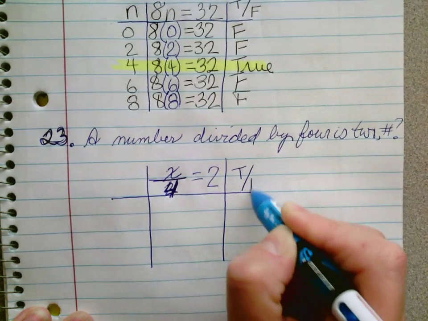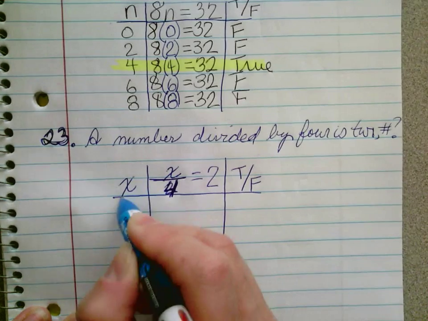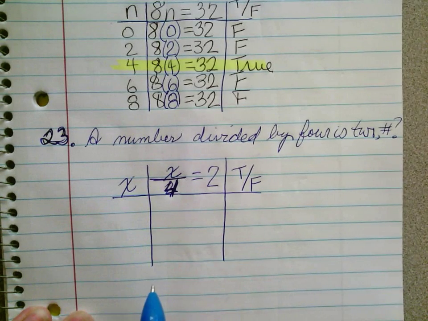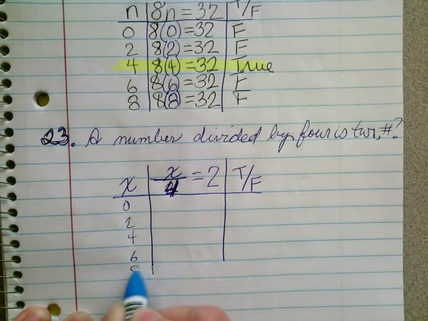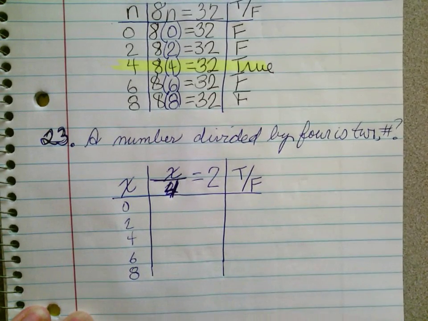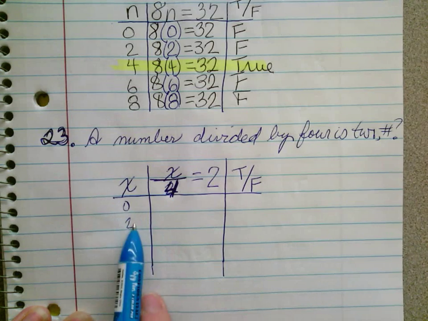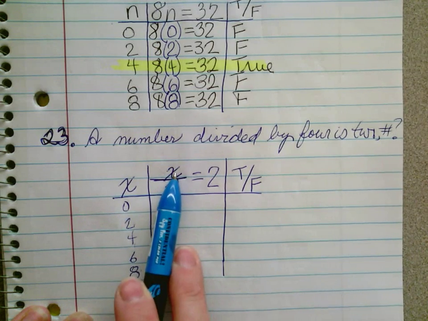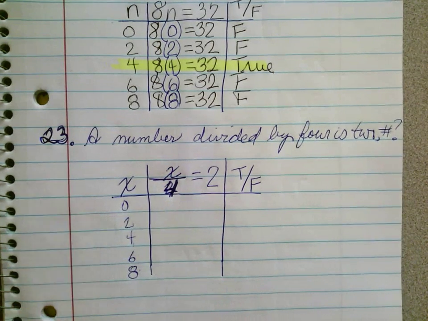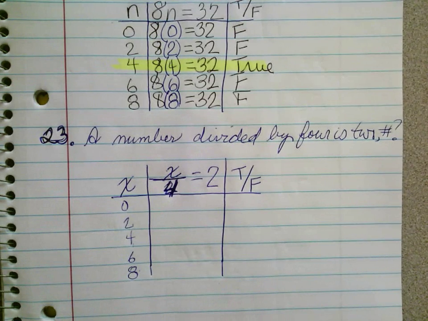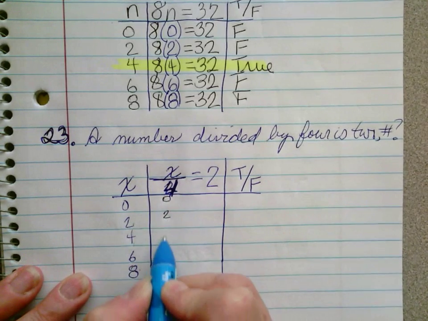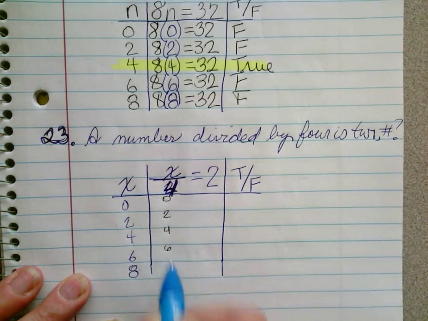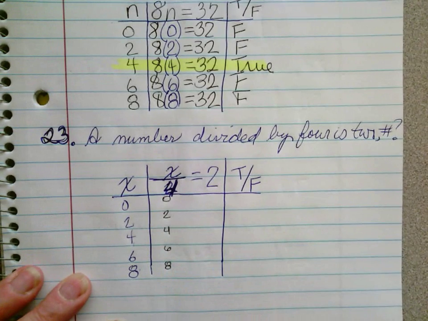Is it true or false if we fill in the values for x that they've given us? 0, 2, 4, 6, and 8. And these values are all going to fit in the numerator because that's where the division occurs. So it's 0 divided by 4, 2 divided by 4, 4, 6, and 8.